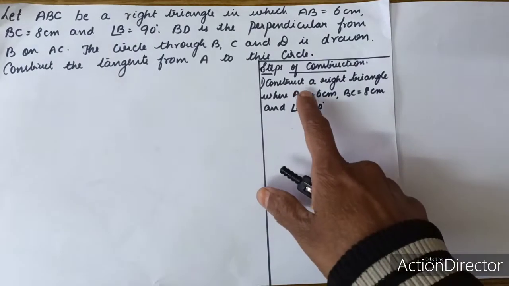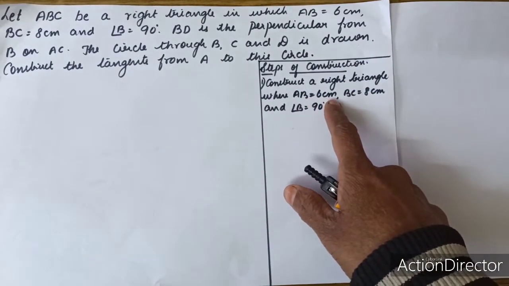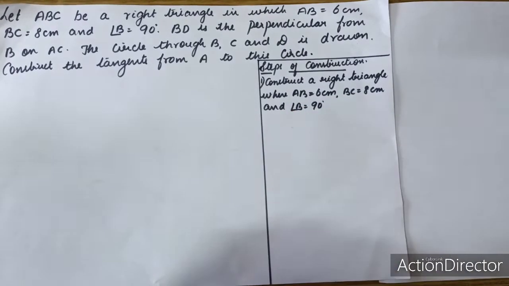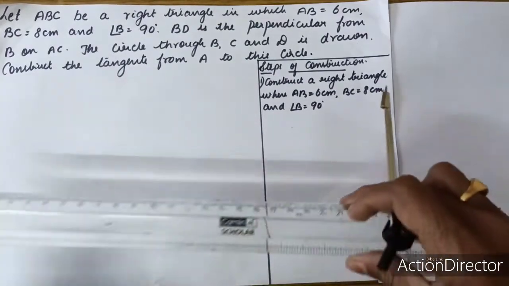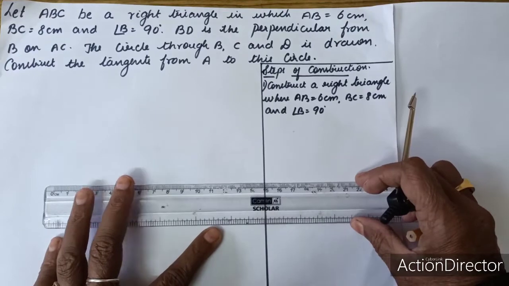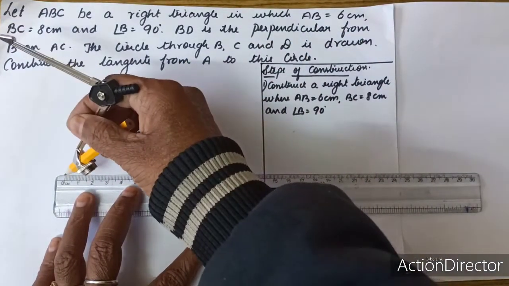Step number 1. Construct a right angle triangle where AB is equal to 6 cm, BC is equal to 8 cm and angle B is equal to 90 degree. So in this scale, first let me draw a line segment.